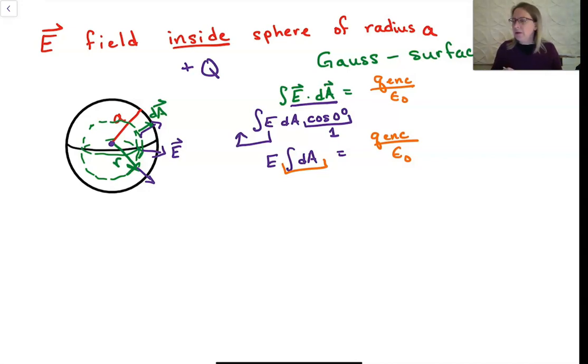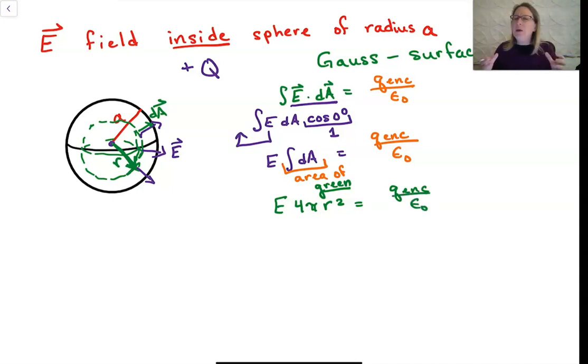But what area? It's not the area of the full sphere, it's the area of the green sphere, not the black sphere. So that would be 4 pi r squared, the surface area of a sphere, where r is the radius of the green. So I have E 4 pi r squared equals Q enclosed over epsilon naught.